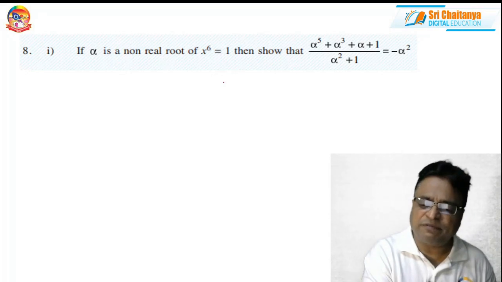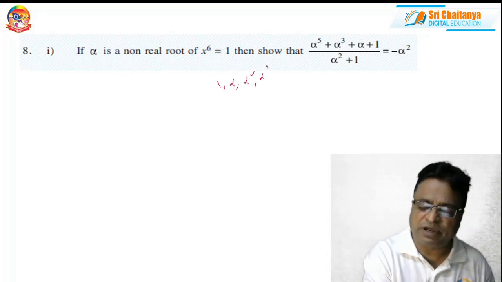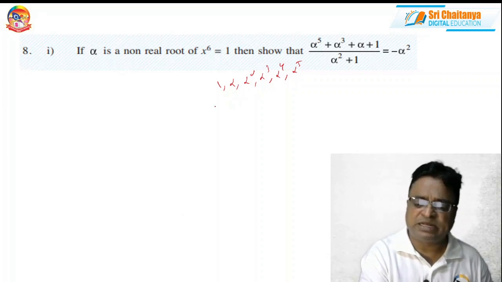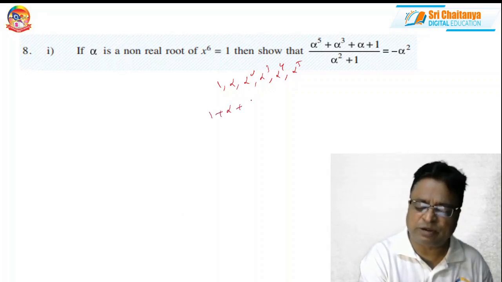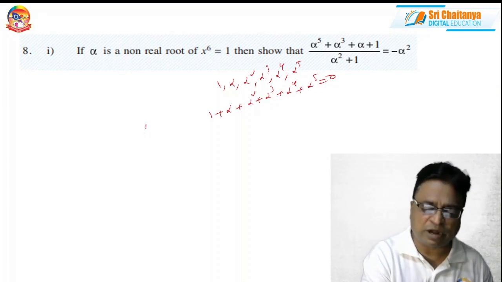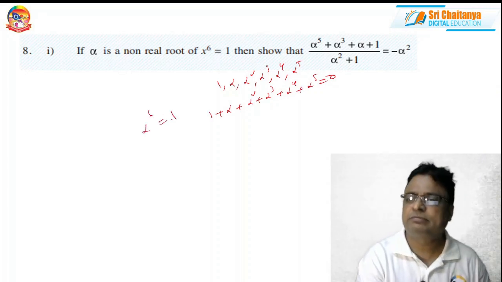And we know that if 1, alpha, alpha square, alpha cube, alpha power 4, alpha power 5 are the sixth roots of unity, then the sum of the sixth roots of unity is 0. So 1 plus alpha plus alpha square plus alpha cube plus alpha power 4 plus alpha power 5 equals 0. And moreover, alpha power 6 equals 1.